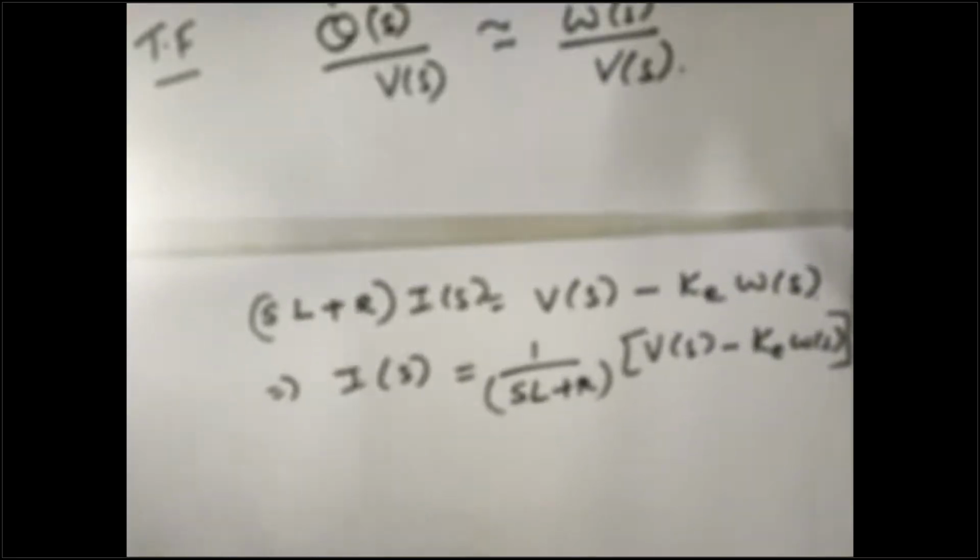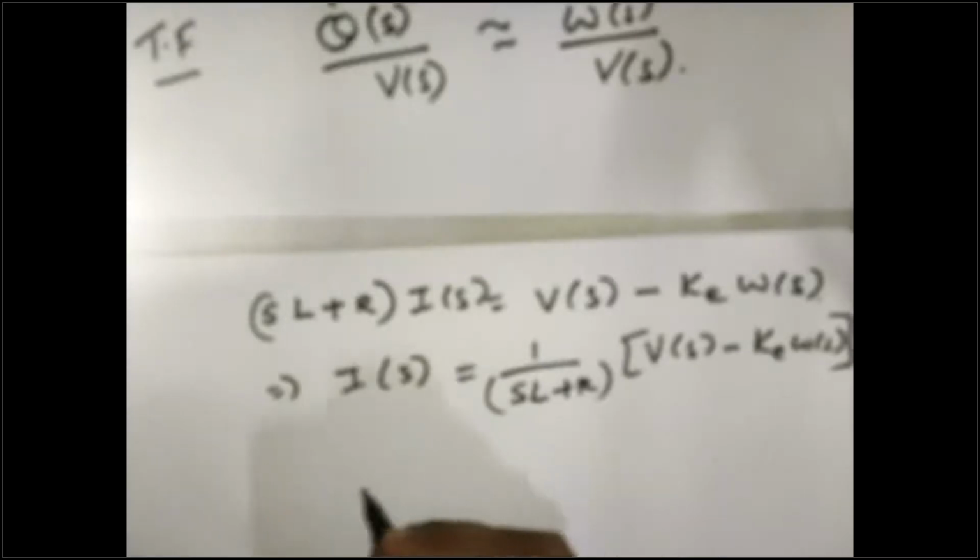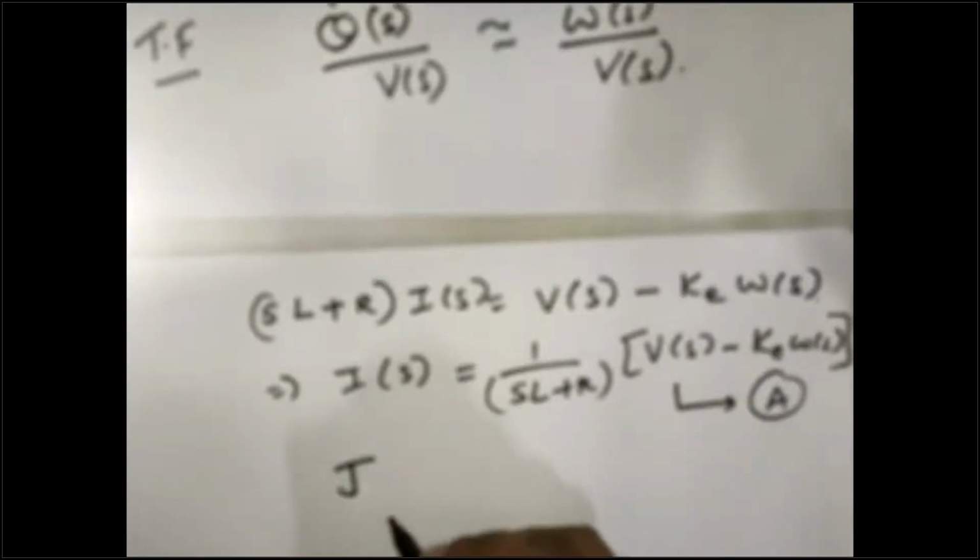In the second expression, what I have to do here is J theta double dot plus B theta dot. The other equation I will write as J. The good thing you have to always remember here is theta dot equal to omega.